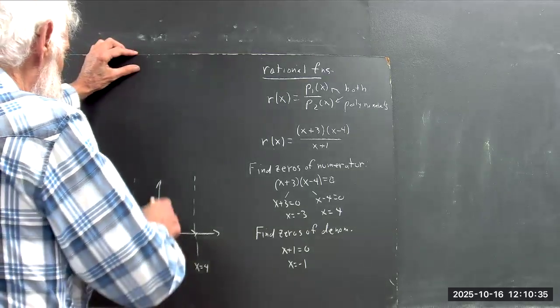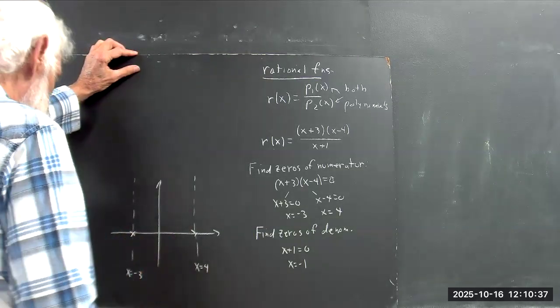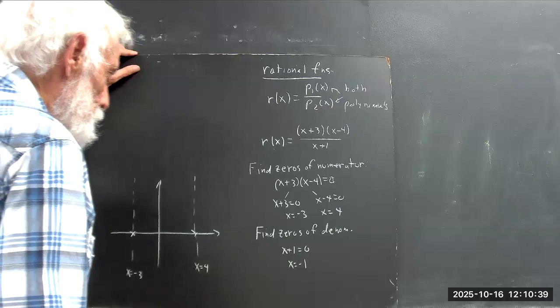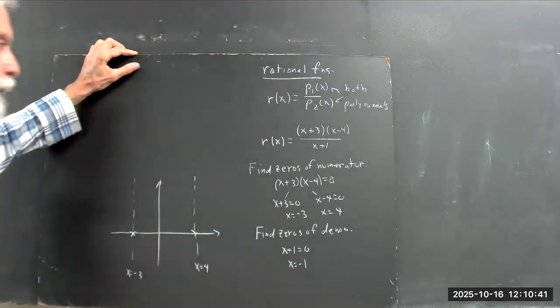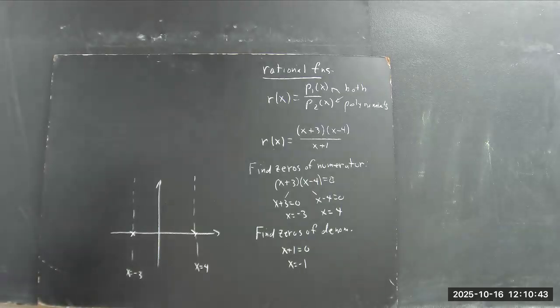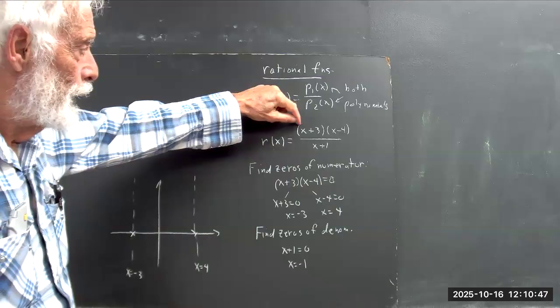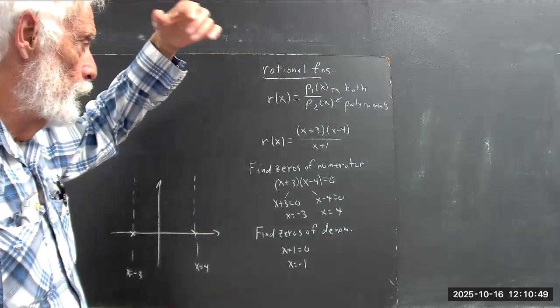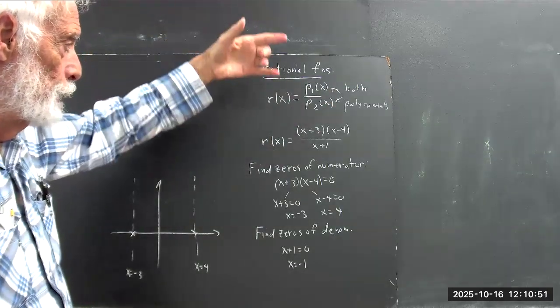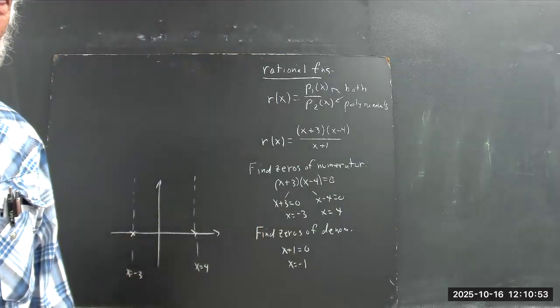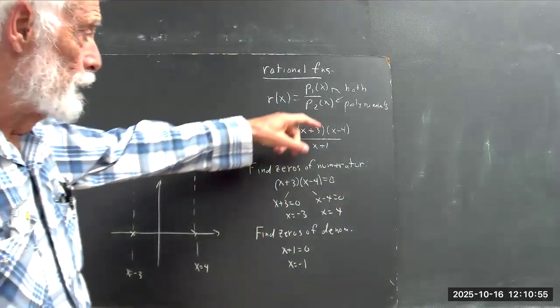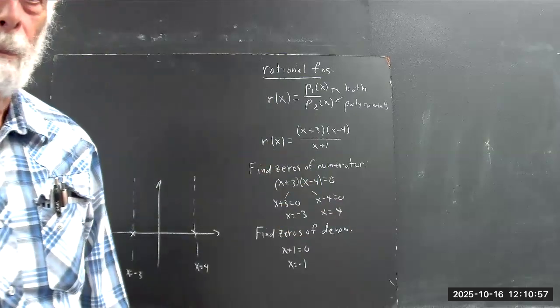Okay, so we've got x equals -1, but that's not going to be a 0 of the function. When x equals -1, x plus 3 times x minus 4 is about equal to -12. So it's almost like -12 over x plus 1.